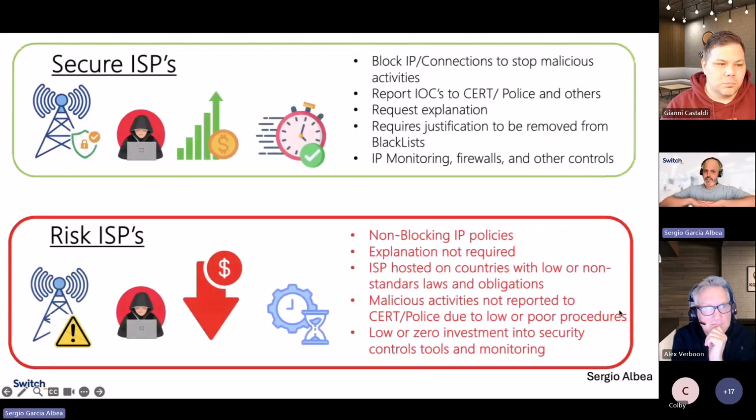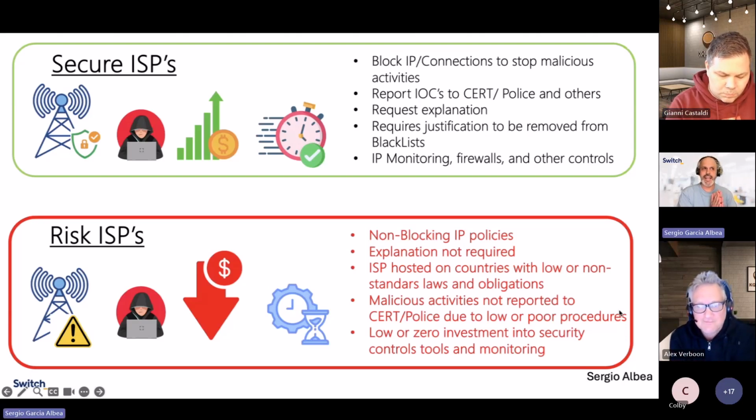As I said, as you can imagine, with close to 40,000 ISPs, there are some of them that are more secure and others that are totally less secure. What it means is that there are ISPs that, of course, perhaps are the cheapest ones, that are investing zero or really low money in security aspects. In terms of response, there are ISPs that when they detect some suspicious activity from an IP or from a domain, will block it in less than, I don't know, 30 minutes.